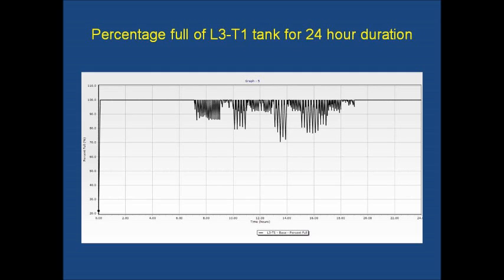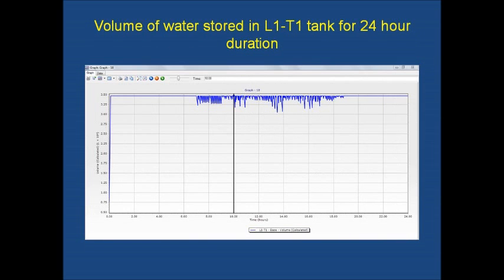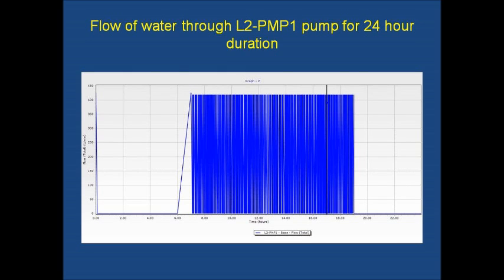So we know the capacity of the tank has not reached beyond 100%. The volume stored in the tank L1T1 for 24-hour duration. The flow of water through pump L2P1, that is zone 2, for 24-hour duration.